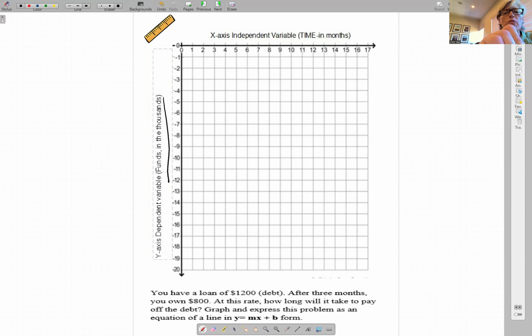So 1,200 at 0 months, you have 1,200 in debt. And after 3 months, you have 800 in debt, which is right here. And we're going to graph. And the question is, when will you be out of debt, at 0 debt?